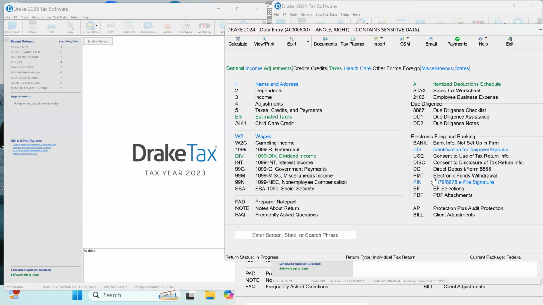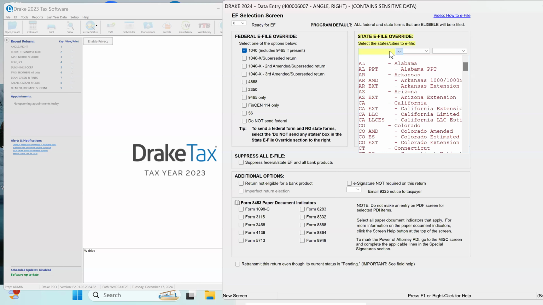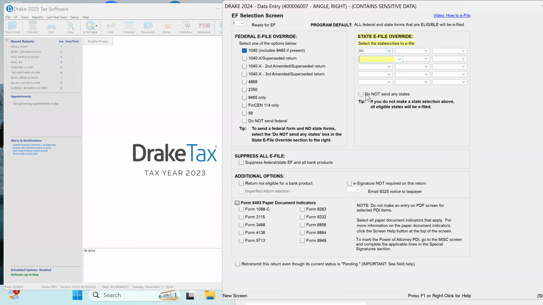And the next one in here, you come here. This is the first one. Well, in a normal situation, you put MA in here. But because the tax software for all the states is not ready, we don't do this so that we can check it. Otherwise, you get an error message for the state.